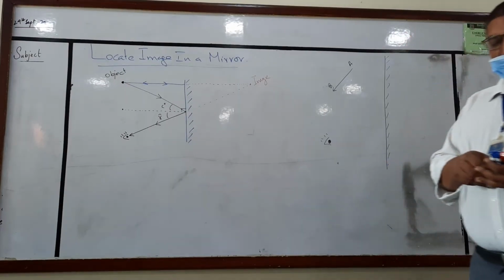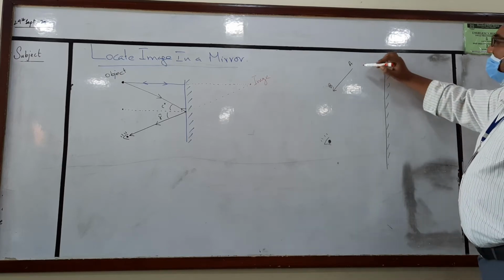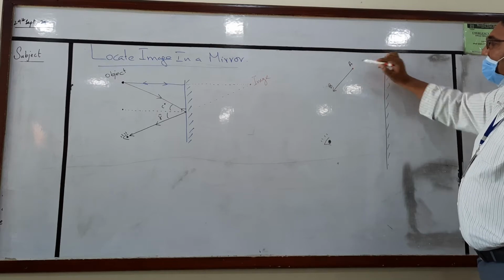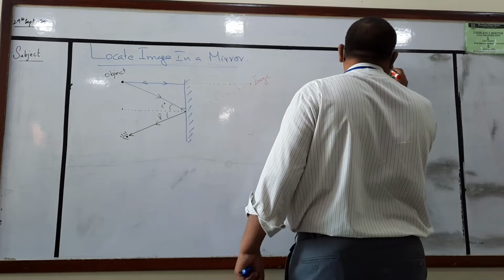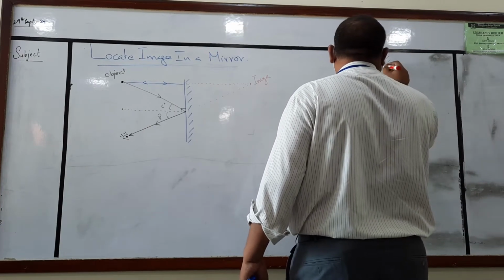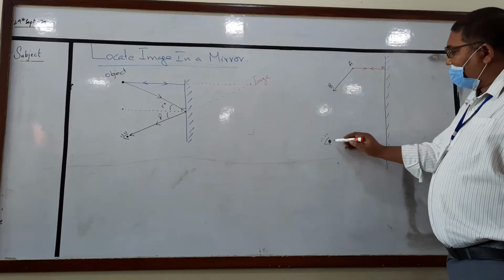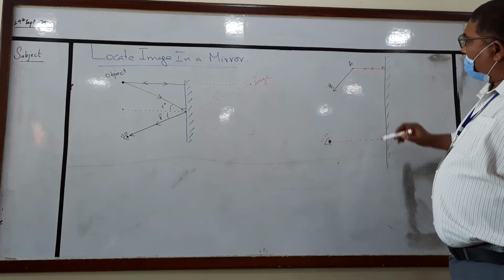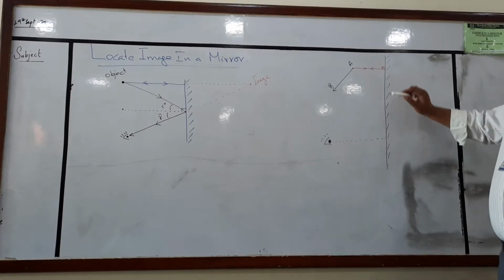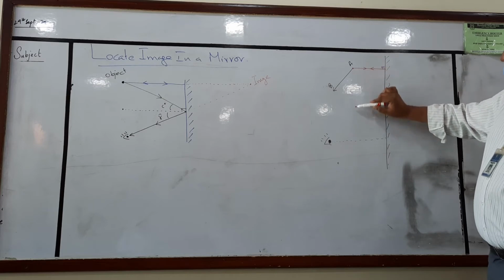So very simple, I will locate the image point by point. For example, first of all, let me take this point A. From A, I will use a ray of light which goes straight to the mirror and comes back. Then, this is the observer, and this is point A. From here, mark the midpoint on this line.